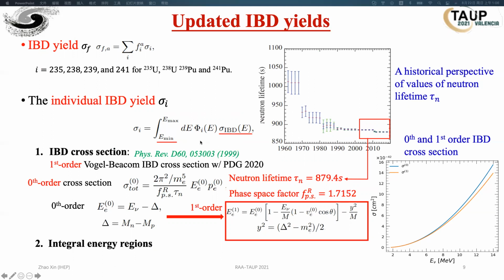The first one is the choice of the IBD cross-section, and the second one is the integral energy range. For the IBD cross-section, we consider the first order Vogel-Beacom cross-section with PDG 2020 input, especially for the updated neutron lifetime. Here is a comparison between the zeroth and the first order IBD cross-section.